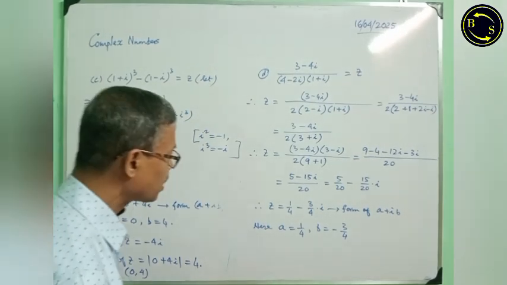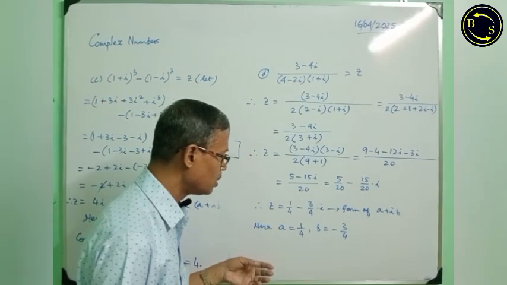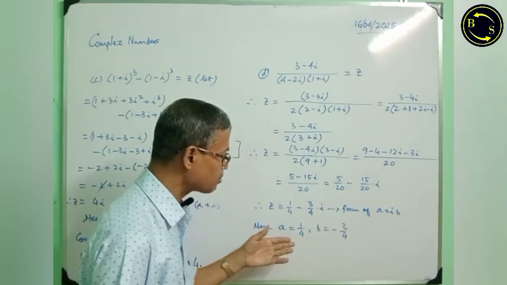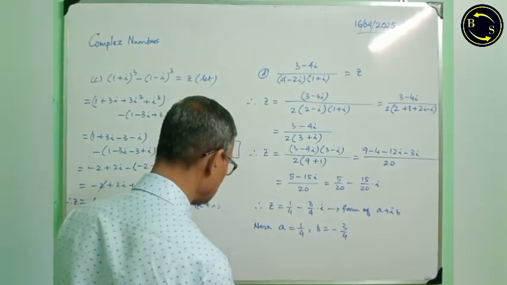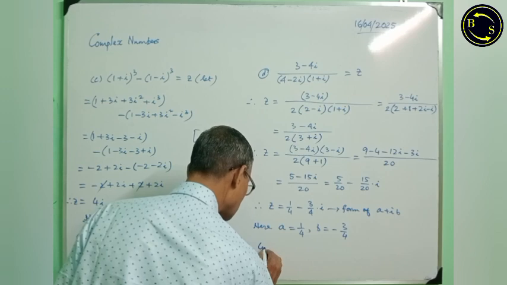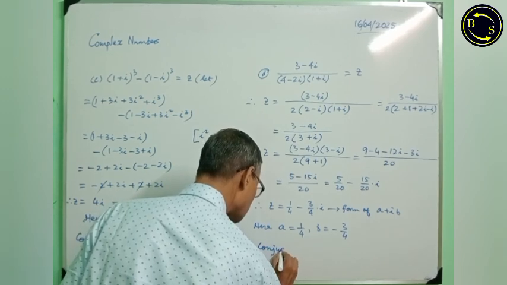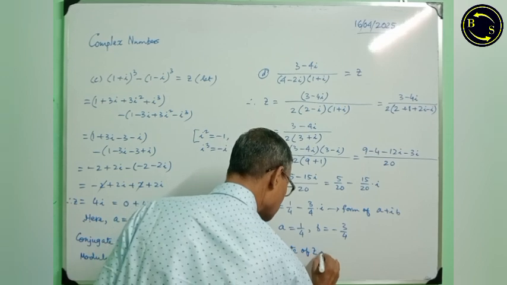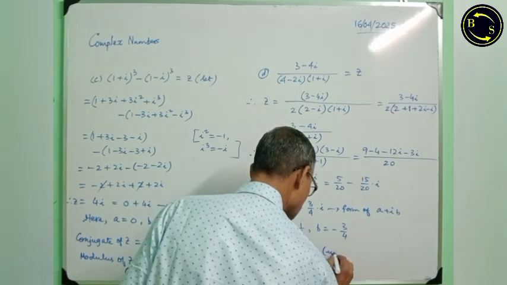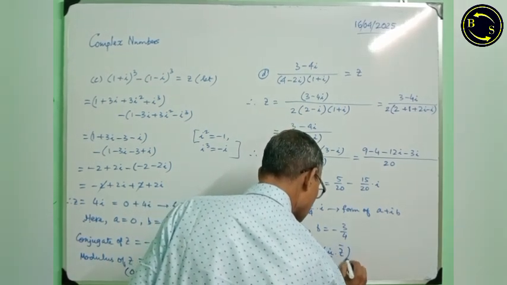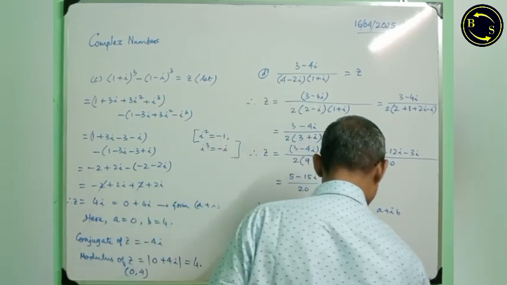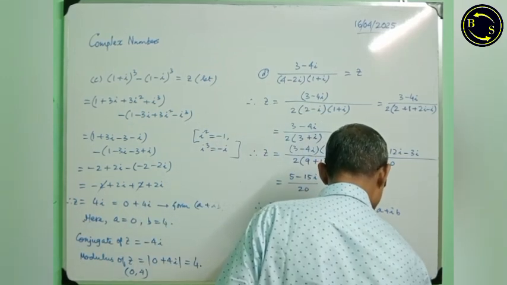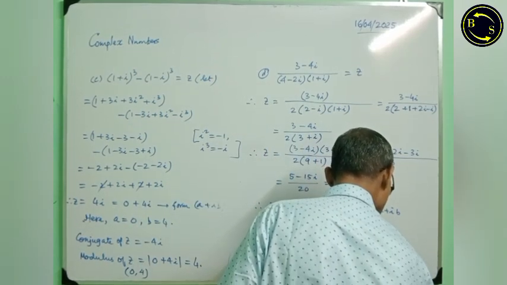Now, after getting that z, which has been expressed in the form a plus ib, we can find the conjugate of z, that is z bar equal to 1 by 4 plus 3 by 4 into i.